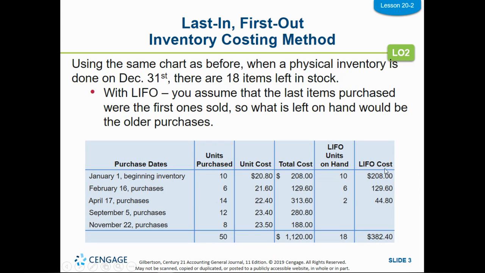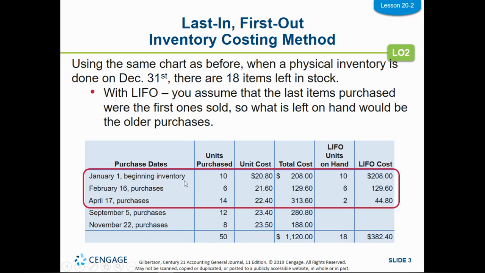In this one, using that same chart we used before, when the physical inventory is only 18 left, we're going to assume that the ones that were brought in first are still left over and that we've sold the most recent ones out. And so we have 18 left.